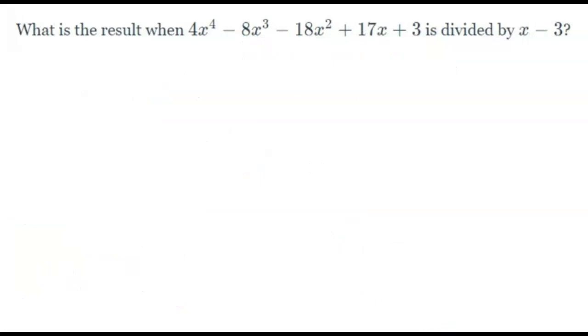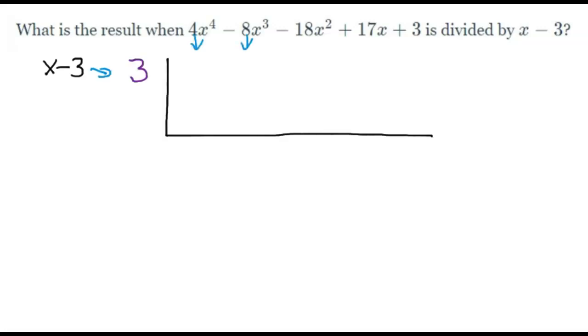So if you're dividing by just a binomial, a simple factor like x minus 3 or x plus 1 or x minus 2, we can do a little bit of a shortcut with the idea of synthetic division. Remember, all we're going to do is that x minus 3 term becomes a 3, and then we bring down just the coefficients.